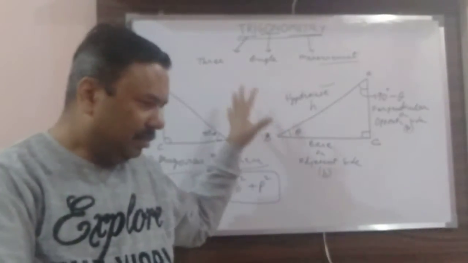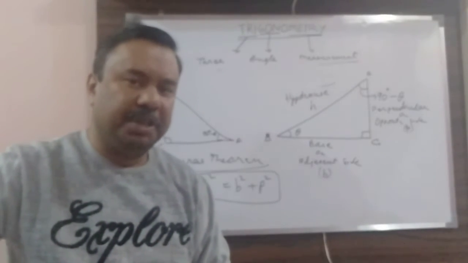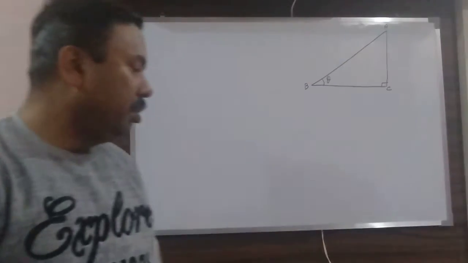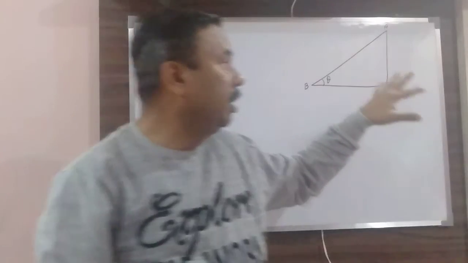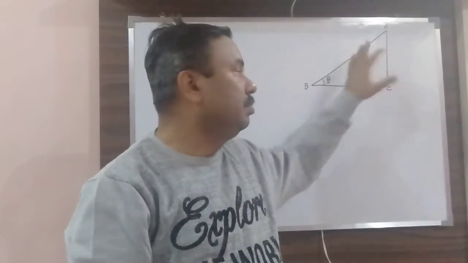Now let's go on finding out some of the ratios. Now we are going to find out some ratio. Now you see, when we are going to find out the ratio, first thing, using combination, we can get three combinations.